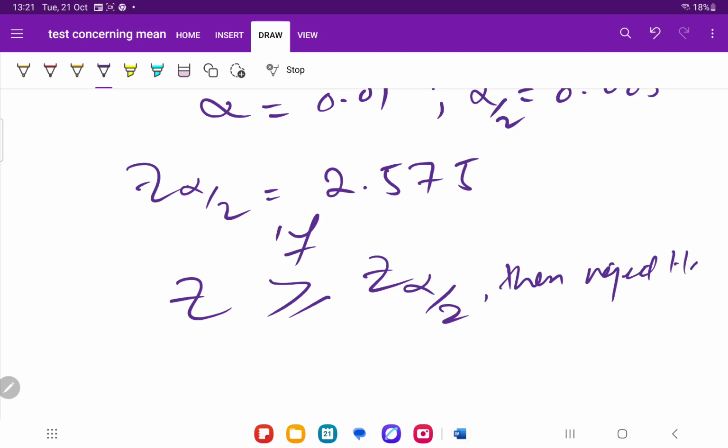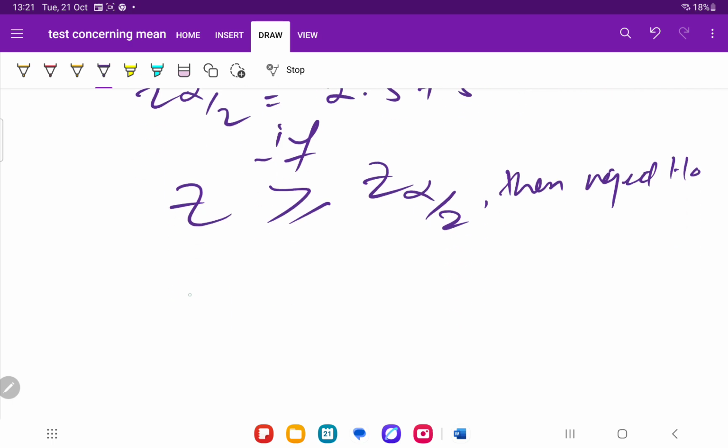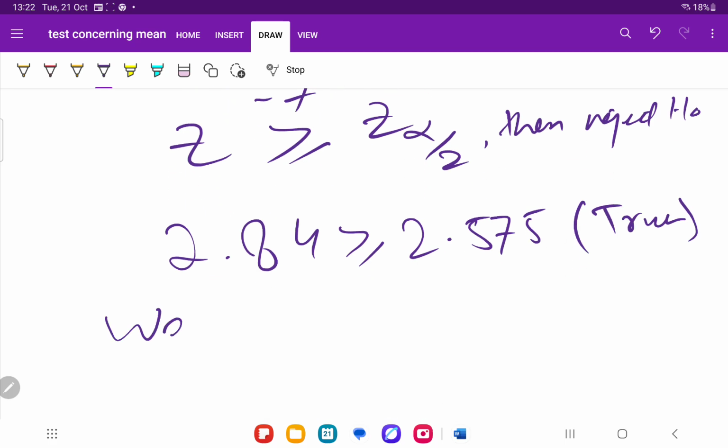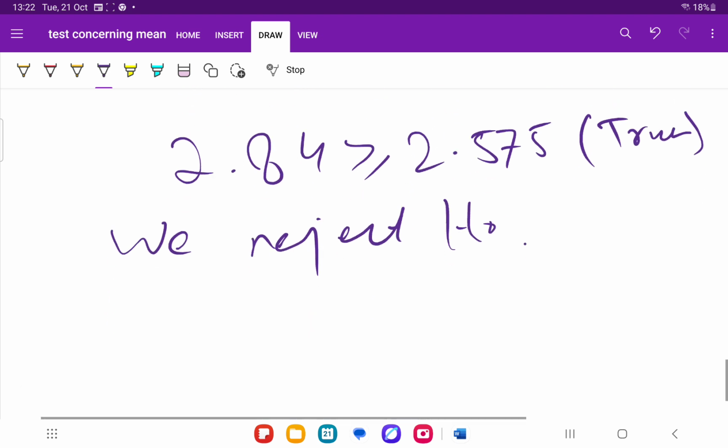Z is 2.84, which is greater than 2.575. It is true, so we reject H0.